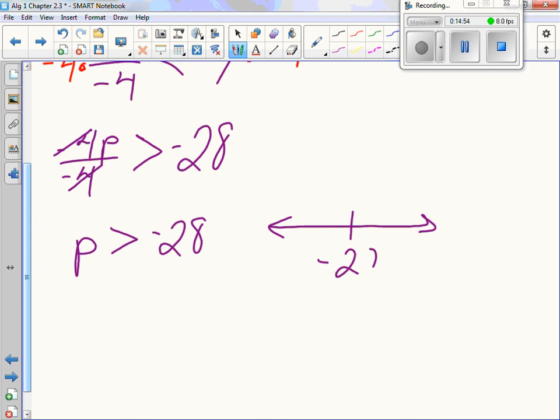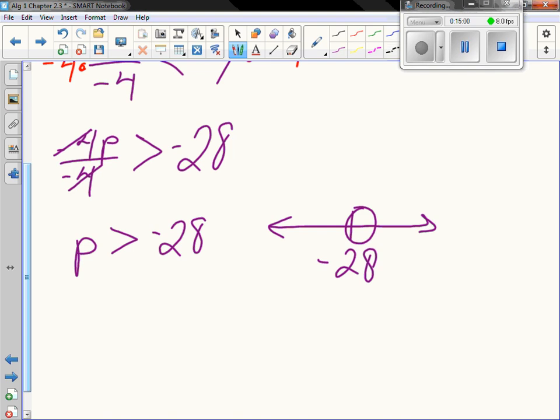So would the circle be opened or closed? It'd be open because it's not equal to. So p is greater than negative 28. So what value is bigger, p or negative 28? Because it says p is greater than, p is bigger.